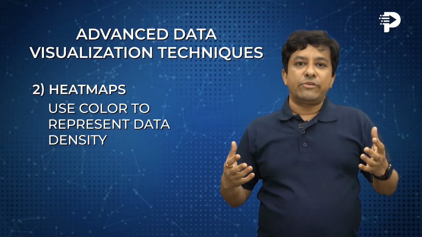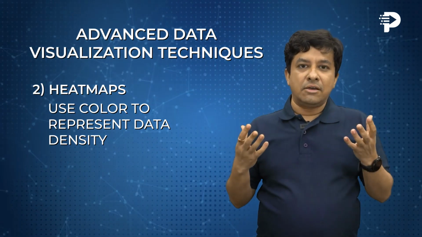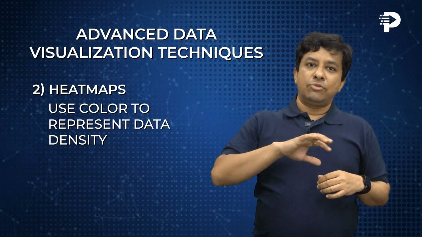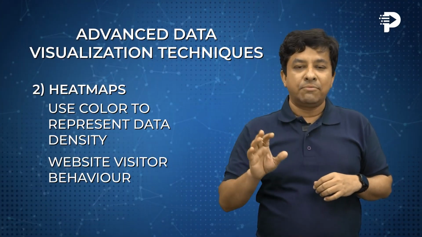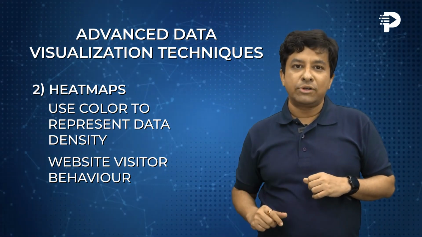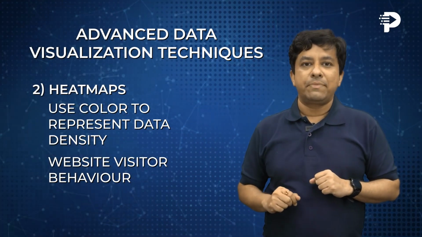The concentration of restaurants will appear as a dense color notation on a heat map. Or let's say you are trying to look at website visitor behavior, where exactly people are clicking more often on your website. That is represented through a heat map.